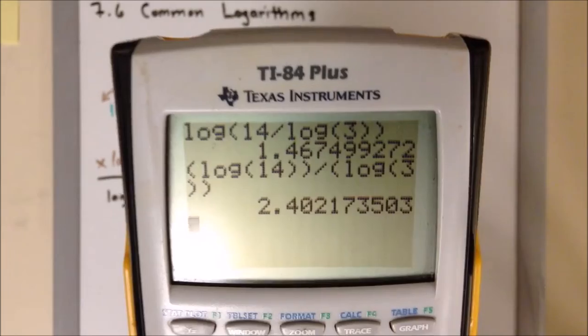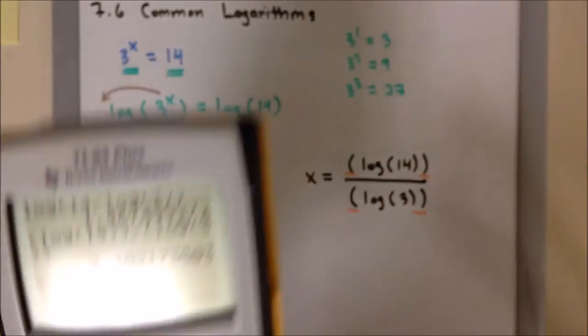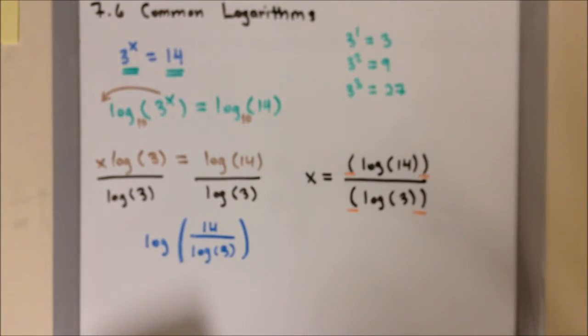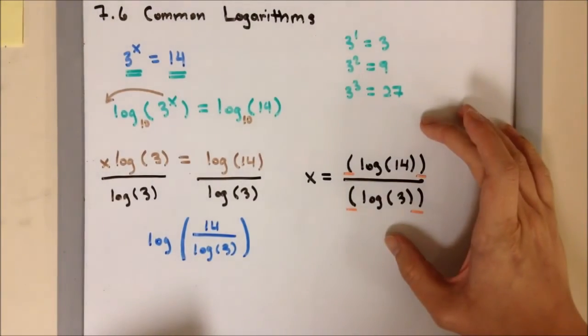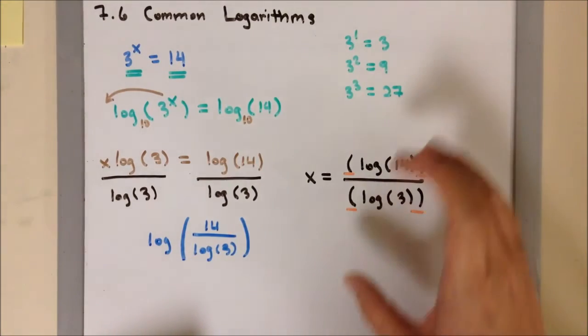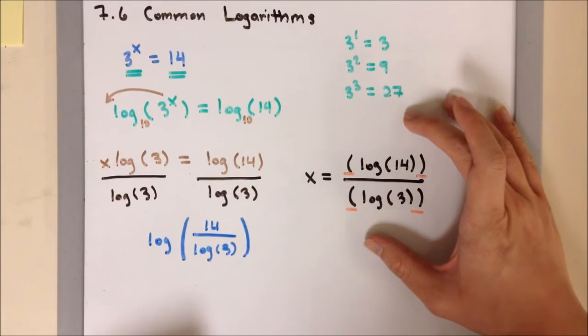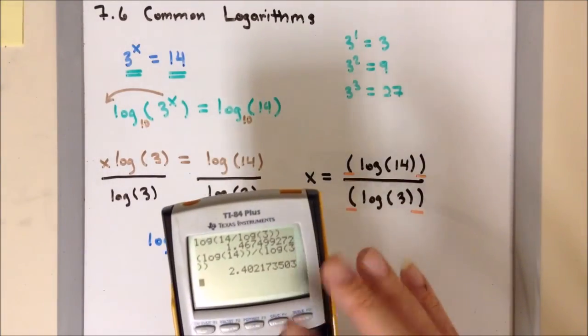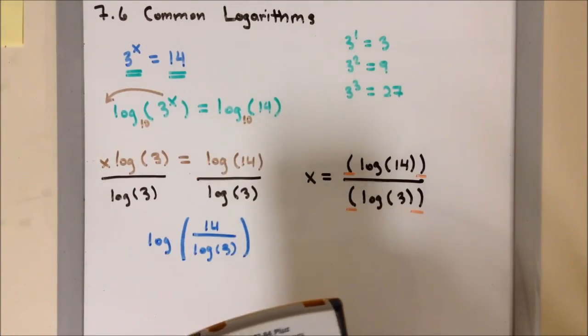So again, you need to know how to type in correctly according to your correct setup. If your setup is not correct, then you're just going to get the wrong answer. So right now the main focus is setting up your work correctly. That's where most of your credit points will be awarded, and then just typing into the calculator will be 1 or 2 points.